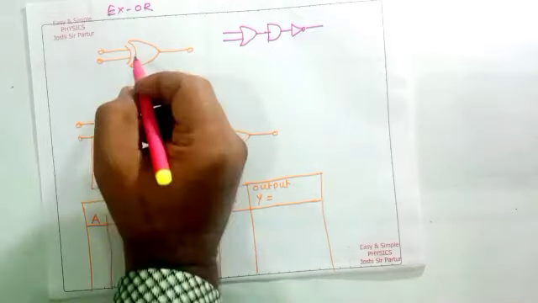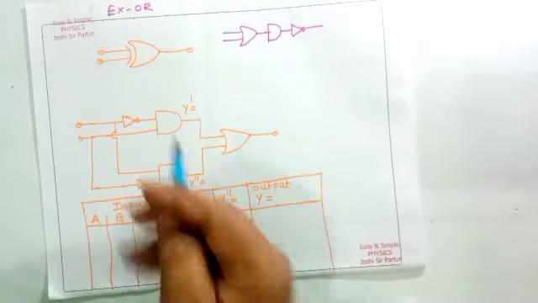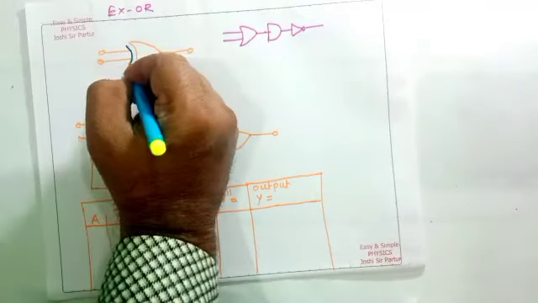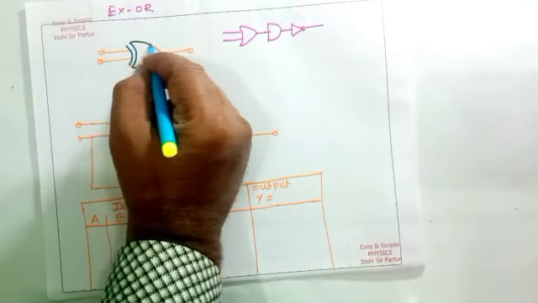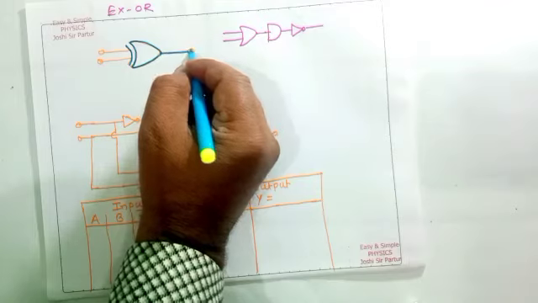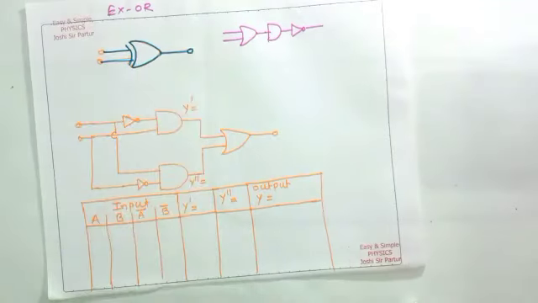The symbol for XOR gate will be shown like this. This will be the symbol for XOR gate, which has two inputs and one output.